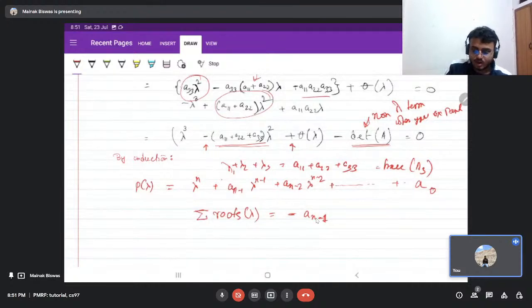And for this a0, you can see you have alternating positives and negatives. So this is positive, this will be negative, this is negative, this is positive, and so on. So they have n terms.